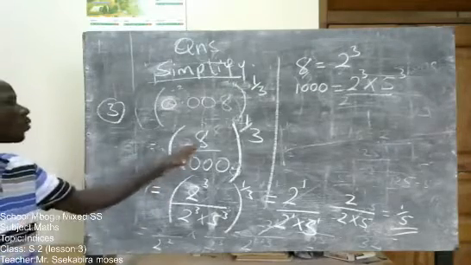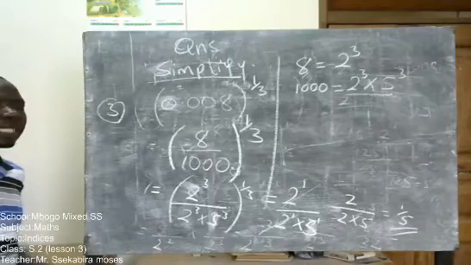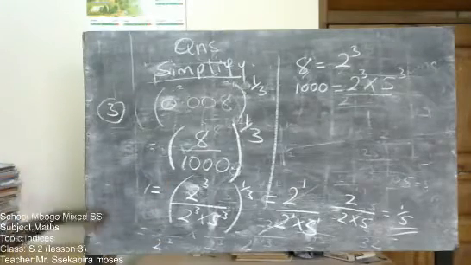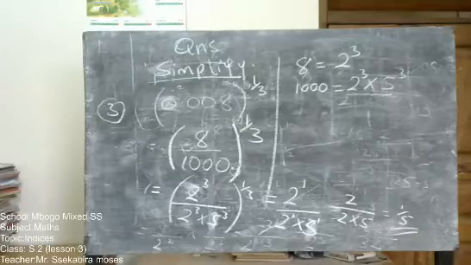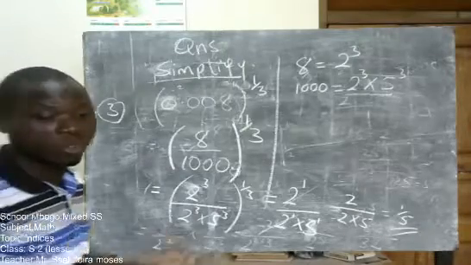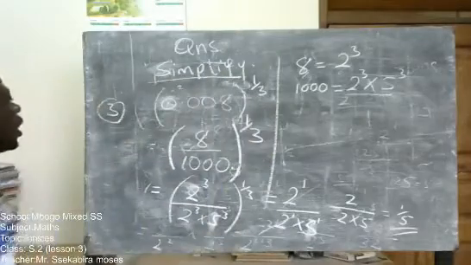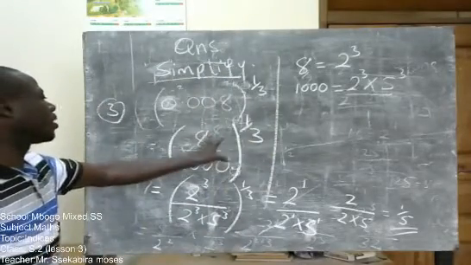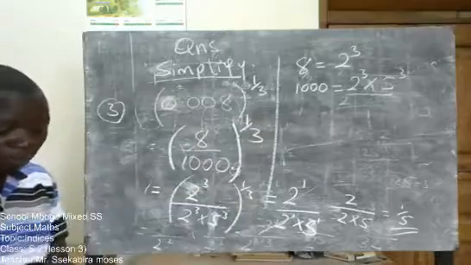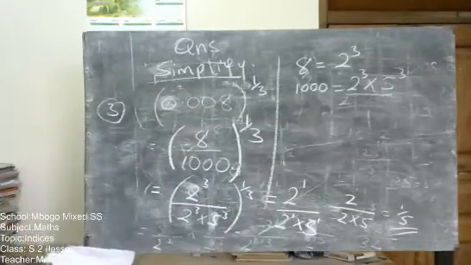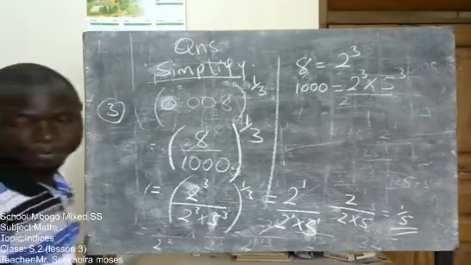Now which rule? We have that rule for the brackets. So when you get a question about indices which has decimal places, first convert it to a fraction. After converting it to a fraction, express each number as a product of prime factors.